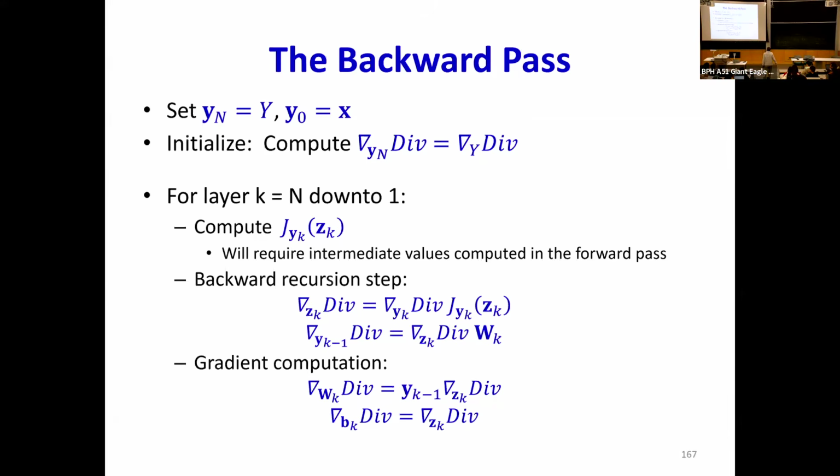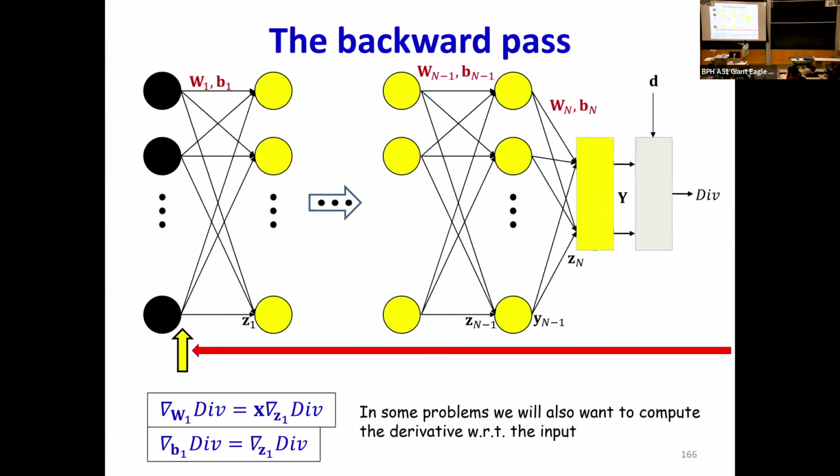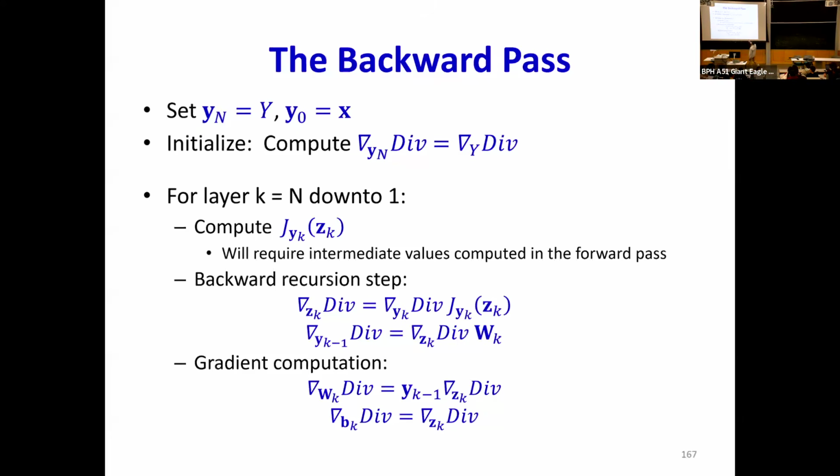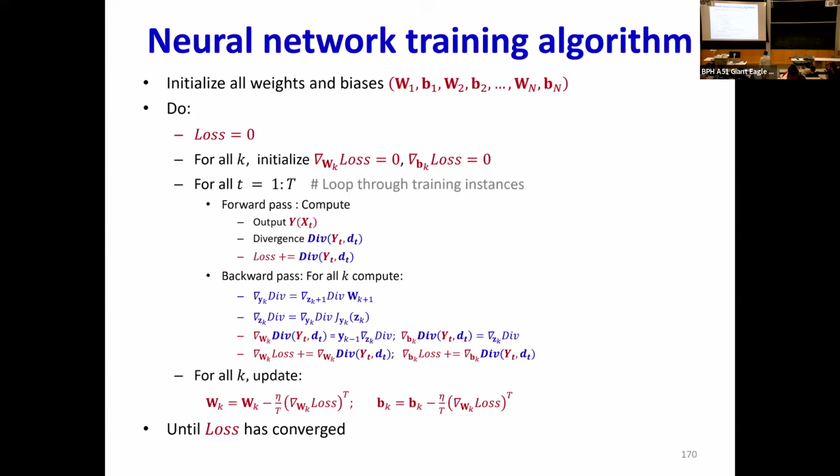So here's the backward recursion step. All I have to do is at each time, I keep right multiplying by Jacobians or weight matrices. And for computing the derivative for the weight matrix, I just multiply the input to the weight by the derivative for the output, right? And that's it. So there's some pseudocode over here.